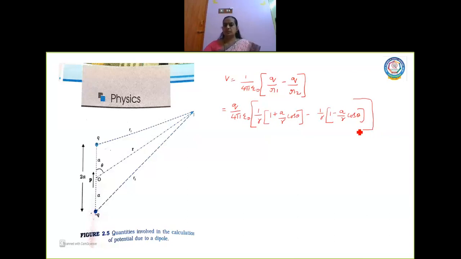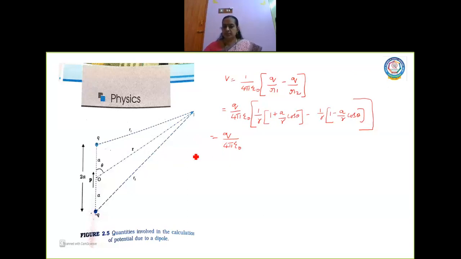Okay, so the total potential will be, now I have q by 4 pi epsilon naught. Now here 1 by r is there, children, and here also r is there. So when I take all the r out, it becomes r square.